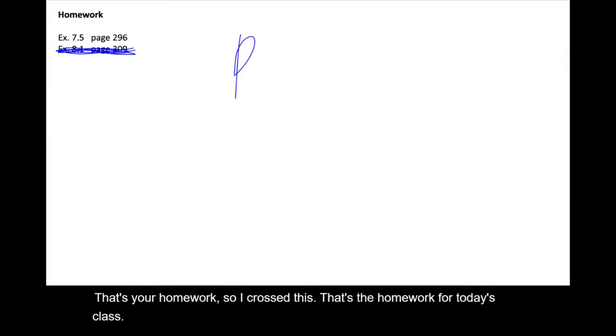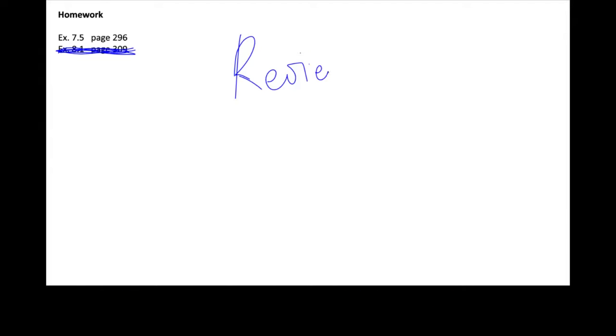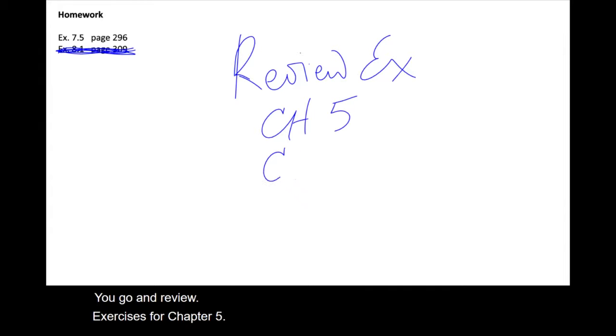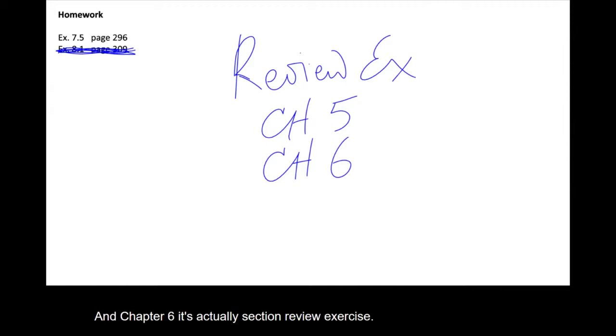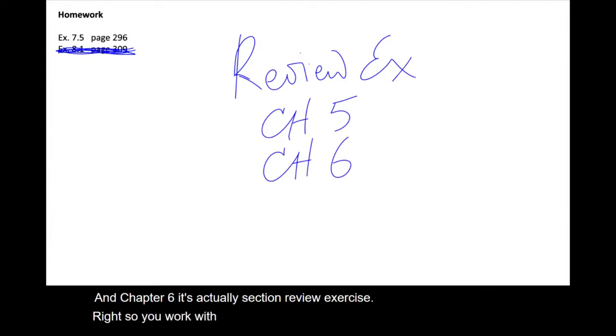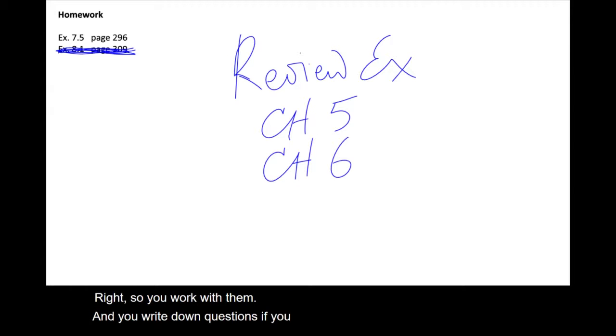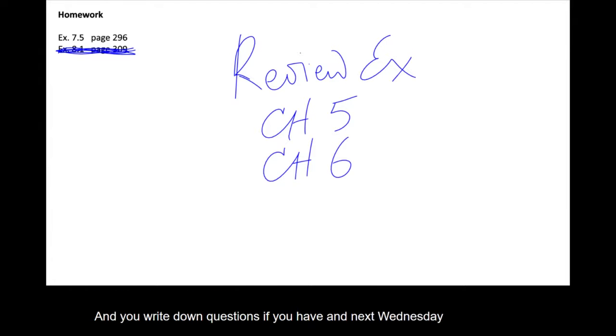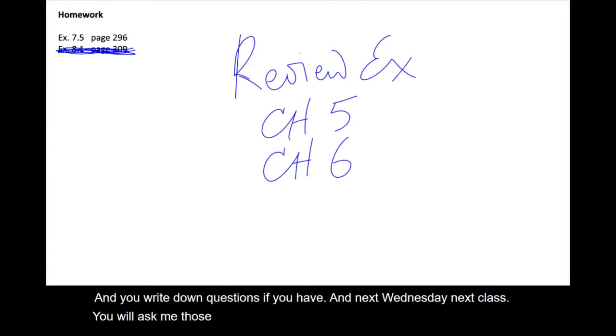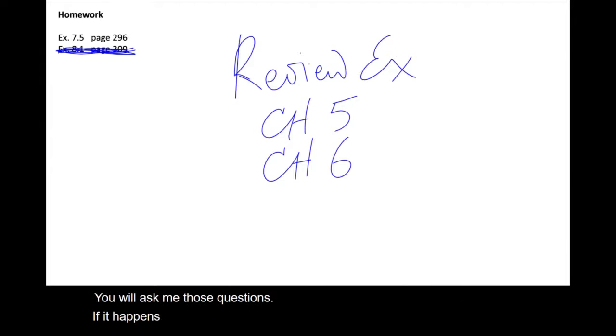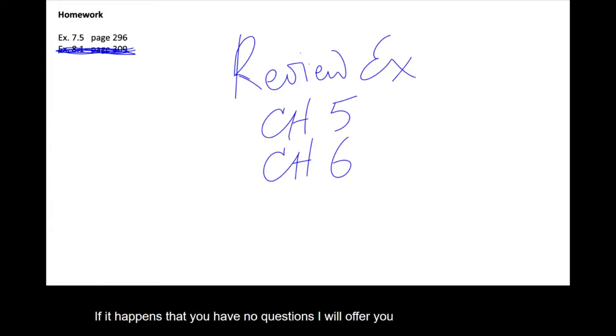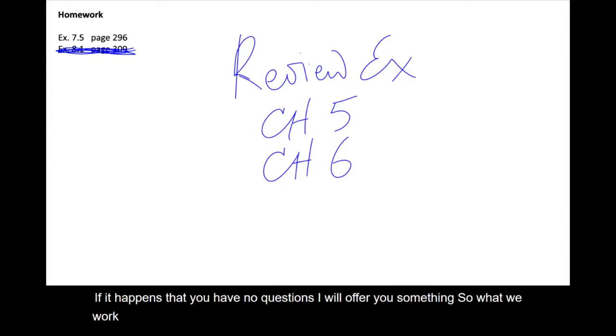For test 1, you go and review exercises for chapter 5 and chapter 6. It's actually the section review exercises. So you work with them and write down questions if you have. And next Wednesday, next class, you will ask me those questions. If it happens that you have no questions, I will offer you something to work on and prepare ourselves for the test.